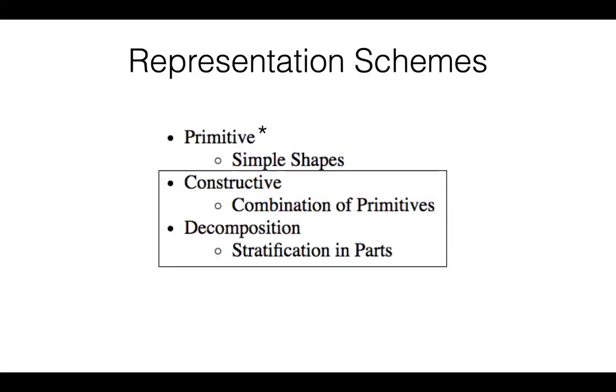But if we have a shape that is more complicated, then we are going to resort to taking the primitives, our building blocks, and then use either a constructive approach or a decomposition approach. So if we take a constructive approach, we are going to combine these simple shapes using some methods to incrementally create complex objects from these building blocks.